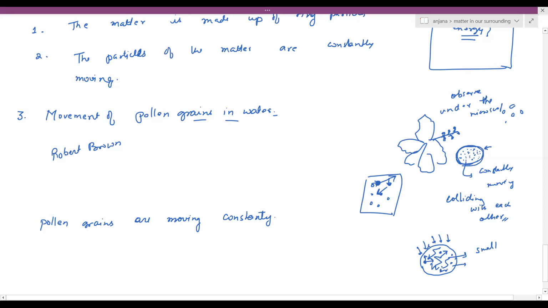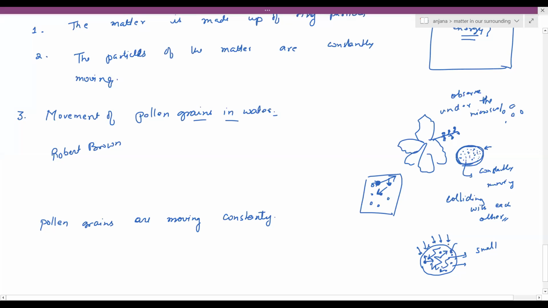So this is also evidence that the molecules of water were already moving in a random motion. Since the pollen grains have come on their surface, they have gained energy from the water molecules.